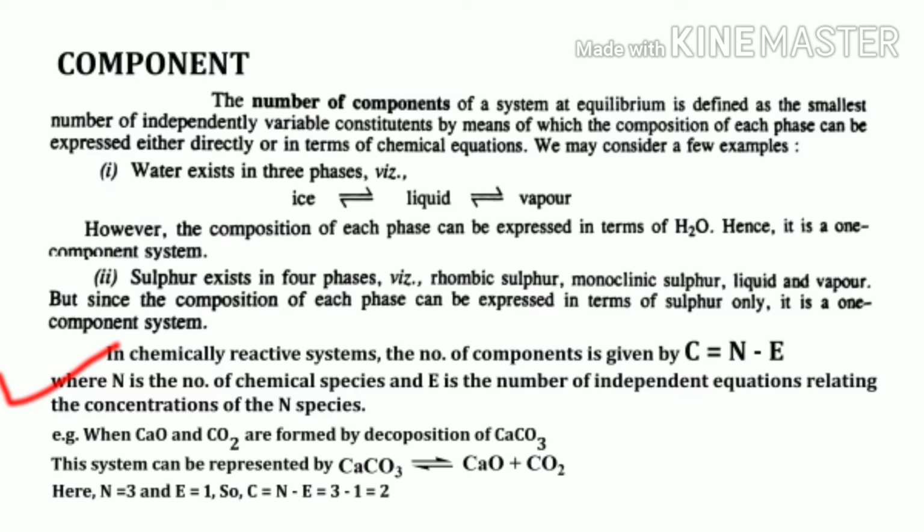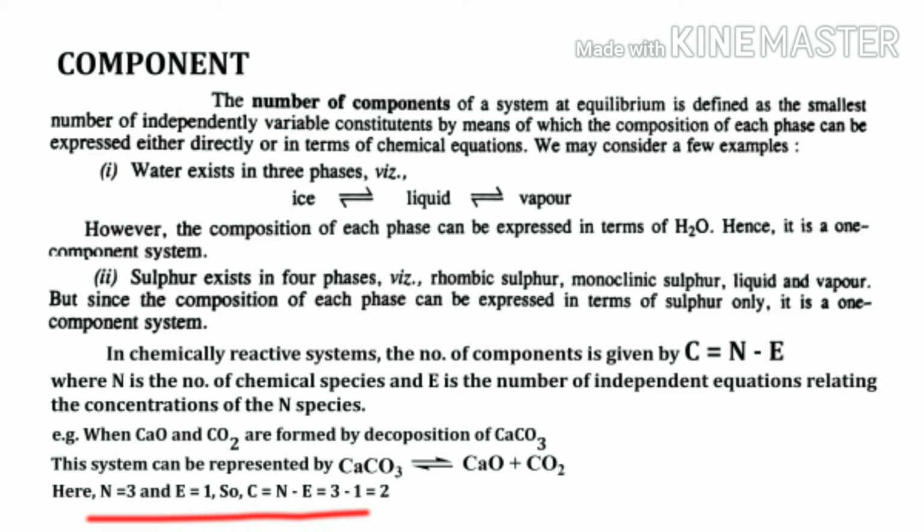For example, when calcium oxide and carbon dioxide are formed by decomposition of calcium carbonate, the system can be represented by this equation. Here there are three chemical species, that is calcium oxide, carbon dioxide and calcium carbonate.